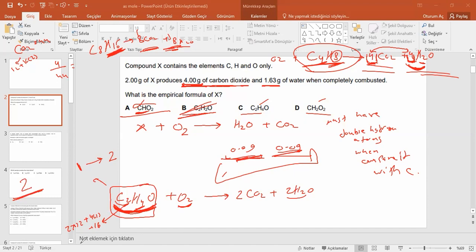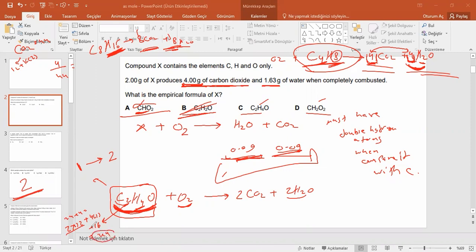Which will be 44, right? As we said, 24 plus 4, which is 28, plus 16, it will be 44.